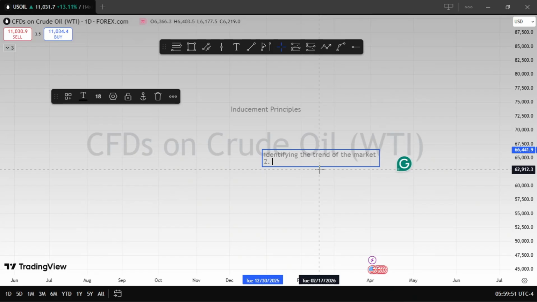Market has two phases in that trend. Market has the PT run and the CT pullback. What I mean by PT run is the pro trend run, and CT pullback is the counter trend pullback.